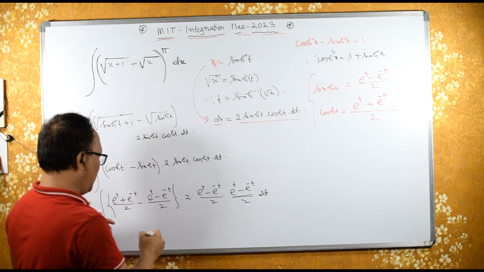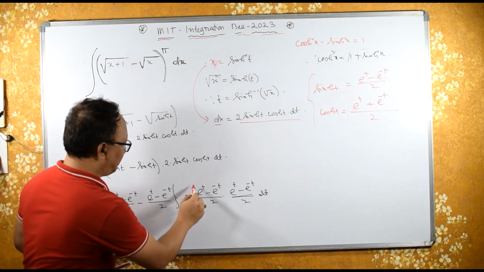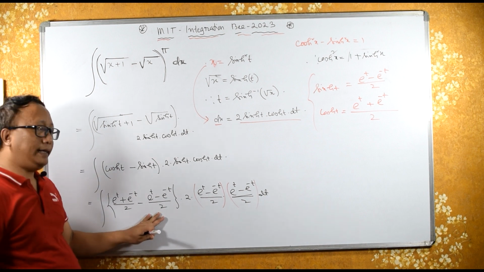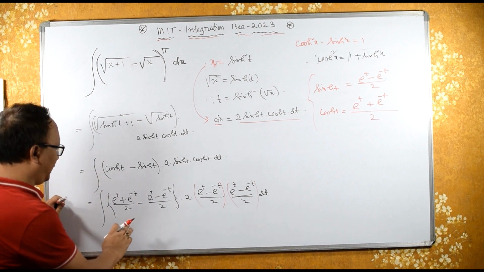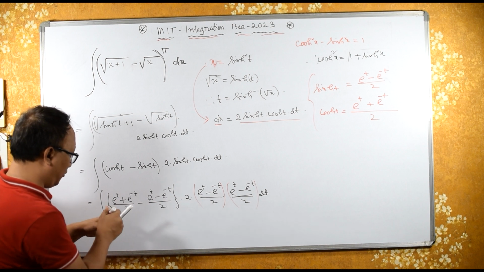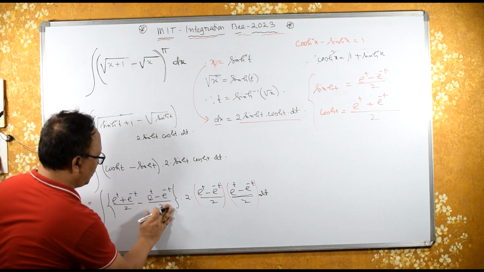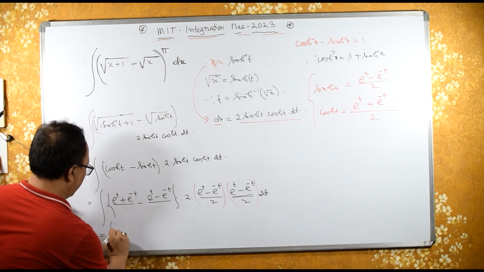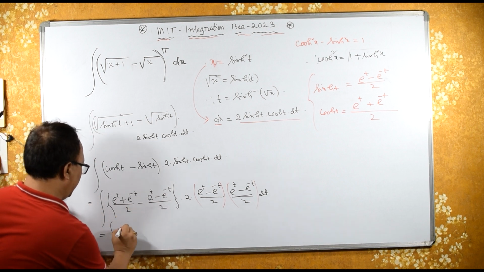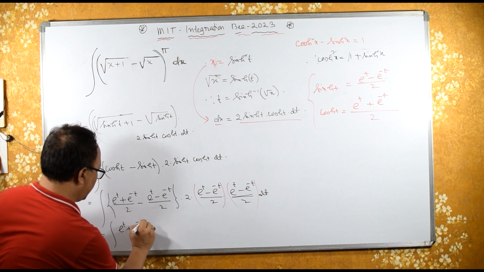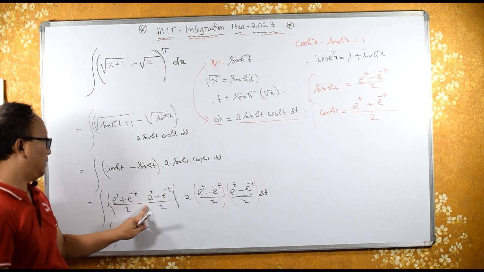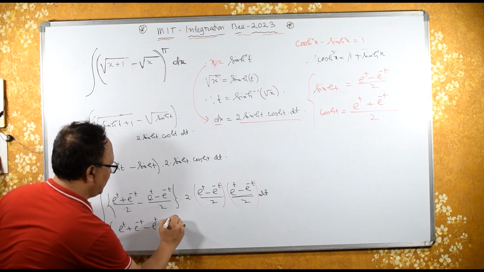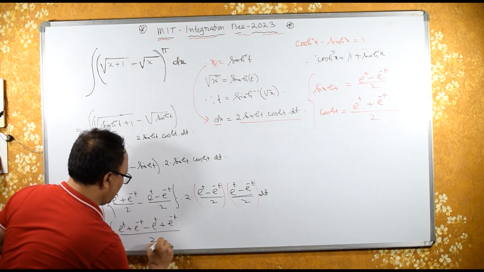Here I will do a shortcut. If I take LCM, e raised to t plus e raised to minus t minus e raised to t plus e raised to minus t, upon 2.